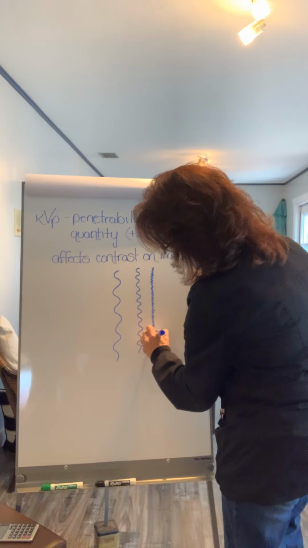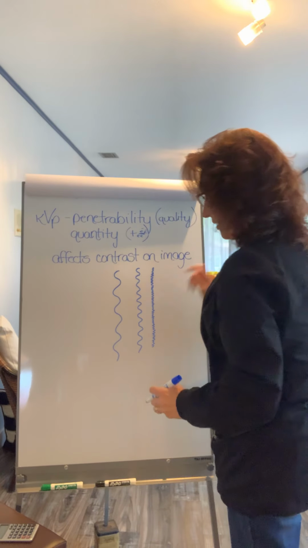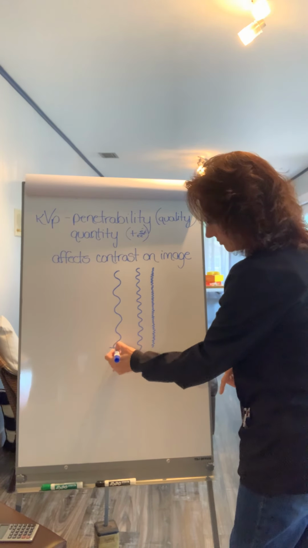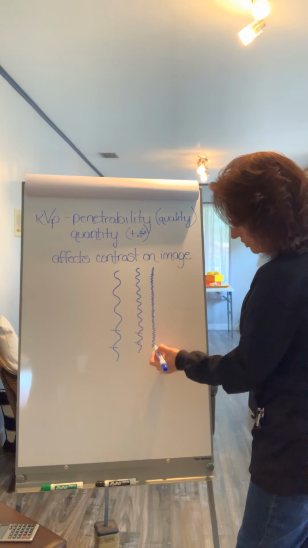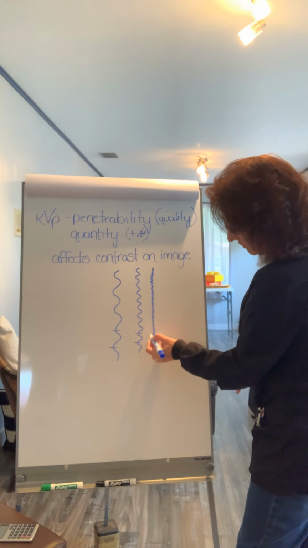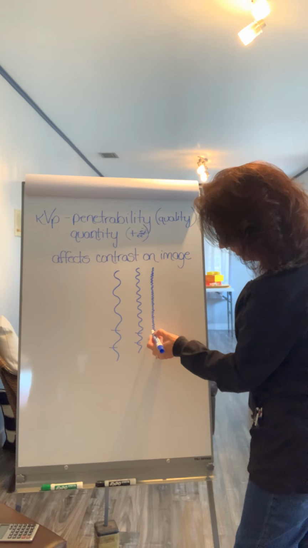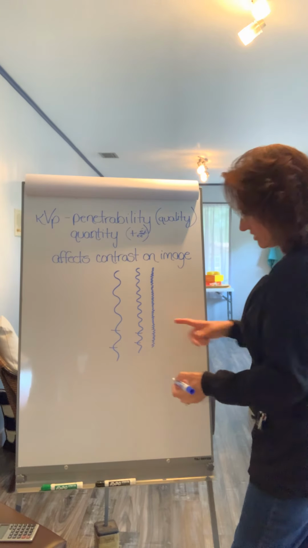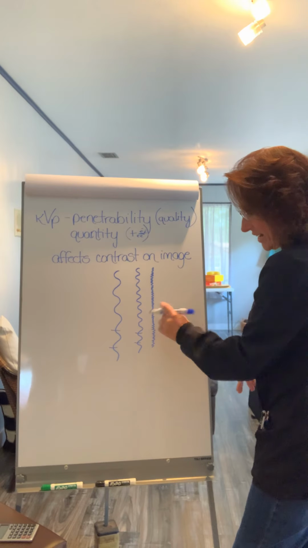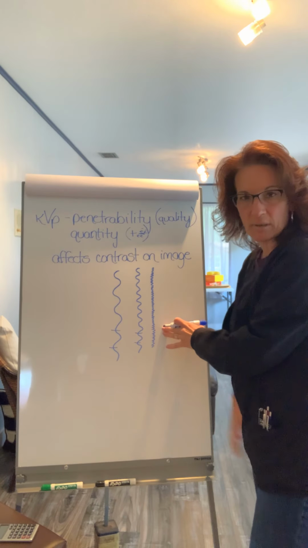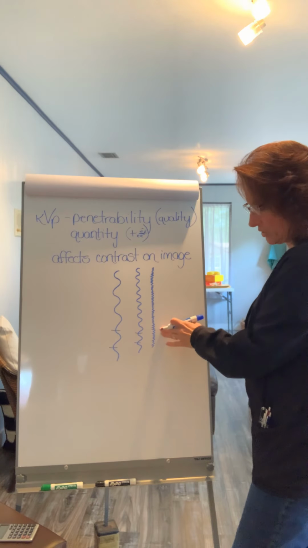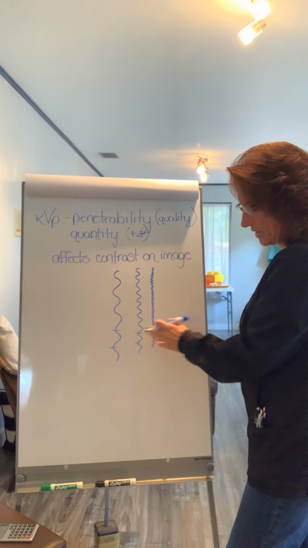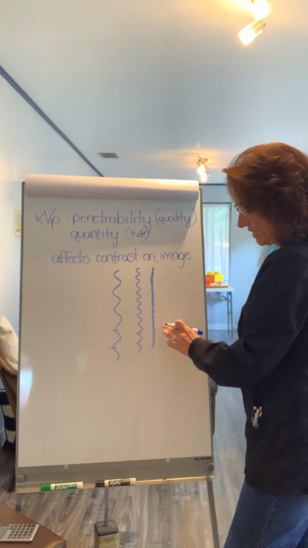And I know my amplitudes aren't equal, but this would be relatively long wavelength. This wavelength is shorter. This one, the shortest yet. So this one would have the highest energy, the most penetrability, the shortest wavelength, the most increase in frequency. All right, so this one would be less penetrating than this one.